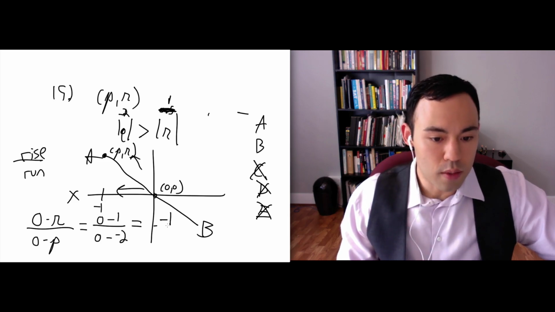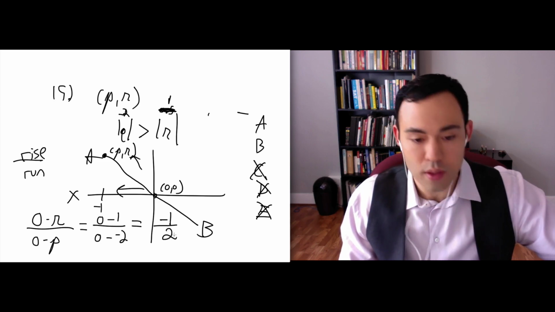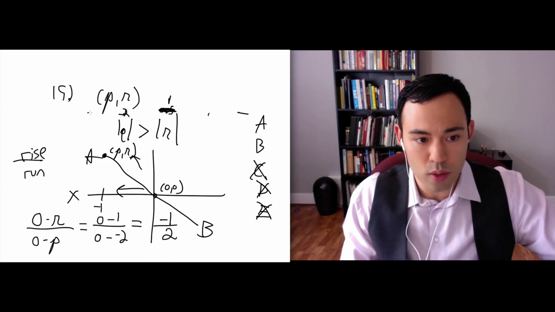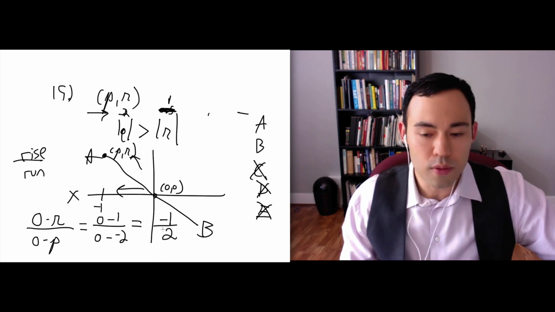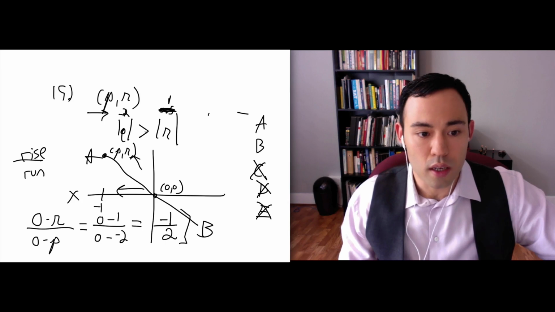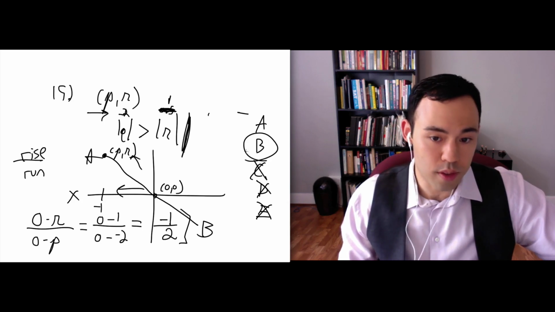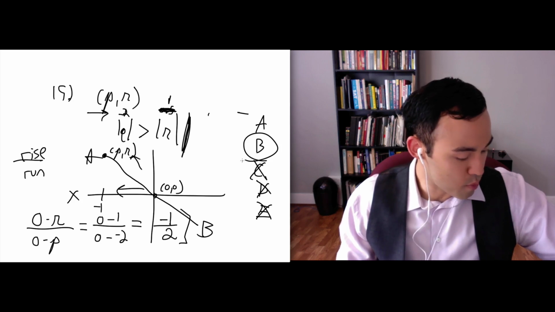It's going to give us a -1 over positive 2. So -½. That happens to be one of the answer choices. Even if it weren't, let's say we use different numbers up here, it's still going to be a fraction because of this absolute value condition. Okay, so the correct answer is B.